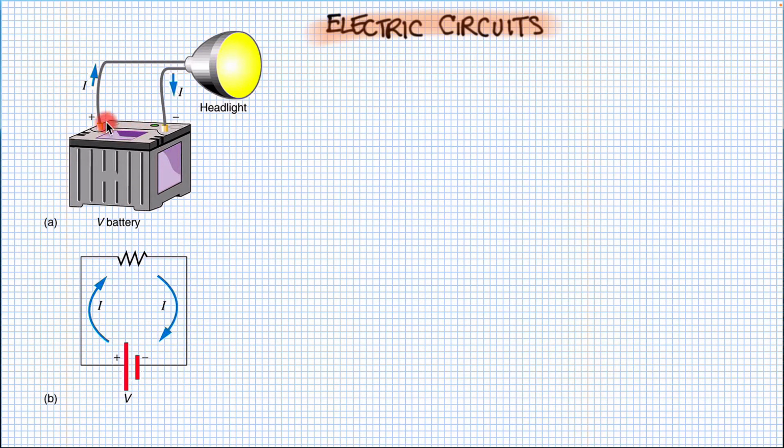We can represent this model of the circuit as a circuit diagram. Our potential difference, V, our voltage, is obviously our battery, and we've got our resistor, which is our headlight, and of course we have the conductor that connects those together, which produces this closed circuit where we can see the conventional current flowing from positive to negative, or high to low potential.